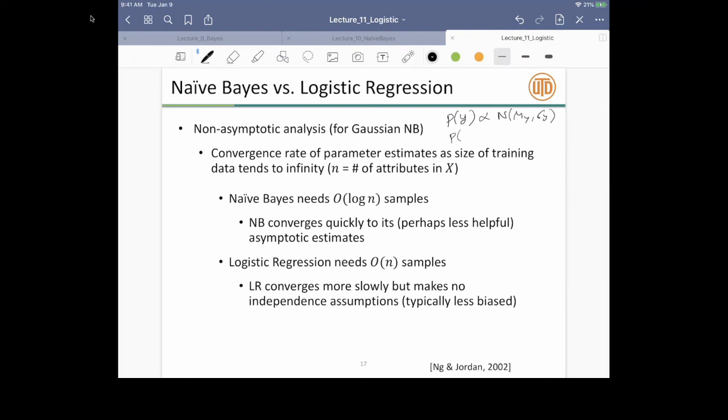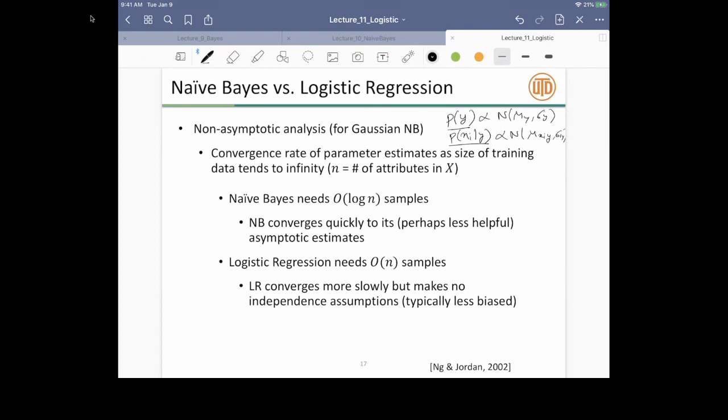And you also model P of xi given y as a Gaussian, with parameters mu i y and sigma i y. So you have Gaussian distributions for P of y and P of xi given y, and you can learn the parameters mu y and sigma y. It's slightly more complicated, but still can be done.